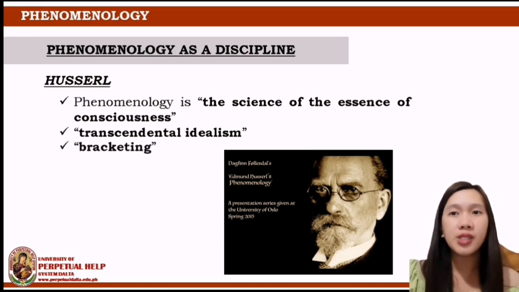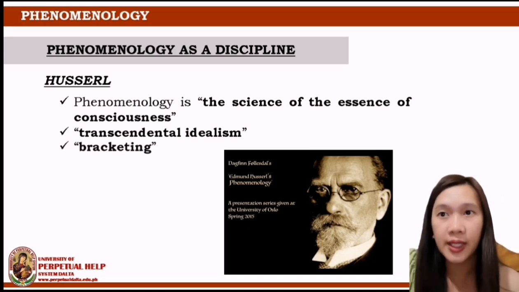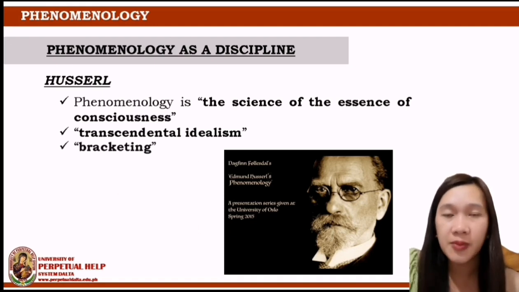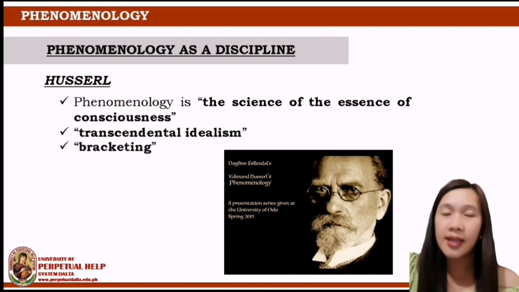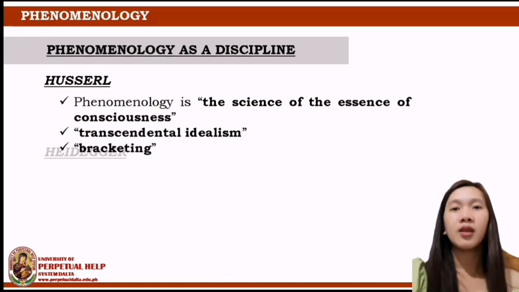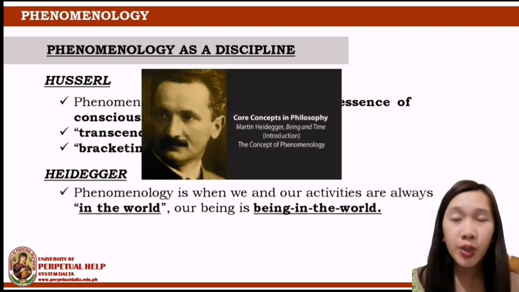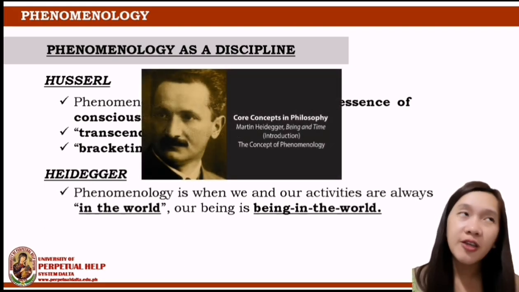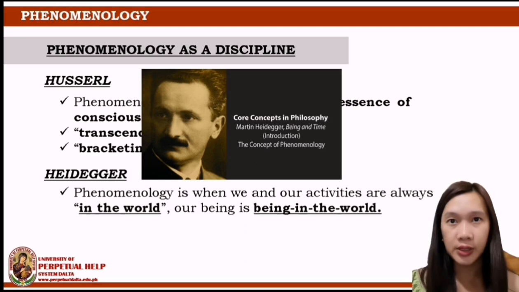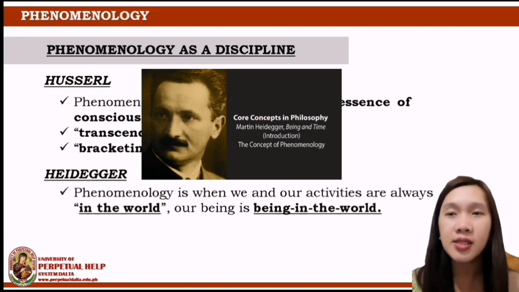Our first key result is the observation that each act of consciousness is a consciousness of something, that is, intentional or directed towards something. On the other hand, for Heidegger, phenomenology is when we and our activities are always in the world. Our being is being in the world.